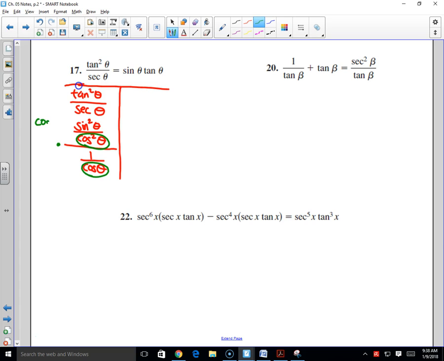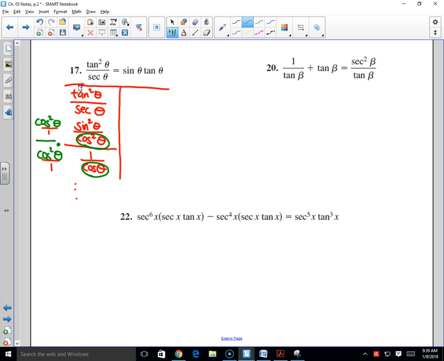That works also. If you're thinking my trick and trying to get good at it, that's what I would have multiplied top and bottom by. Then you're well on your way to finishing it off. So let me stop there for right now.